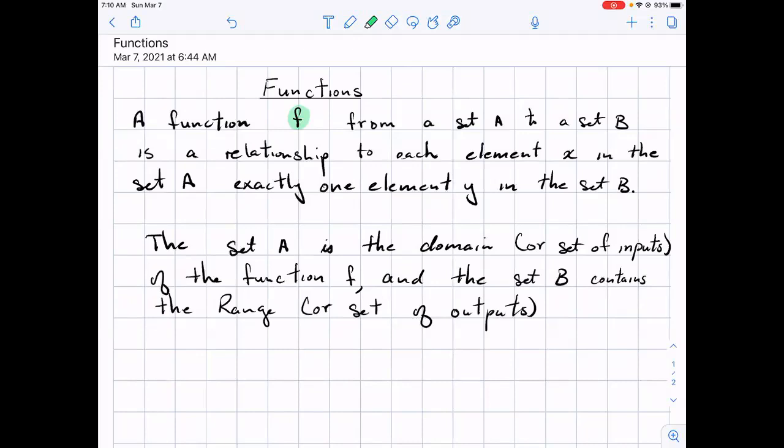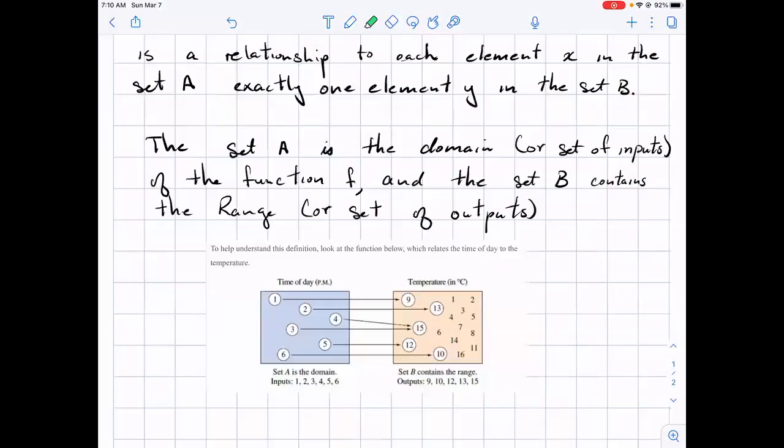In addition, we say the set A is the domain, the set of inputs. So the input is called the domain of the function, and the set B contains the range. So whatever it's mapped to is the range. So if I give you a little picture, here we have a picture of the function.